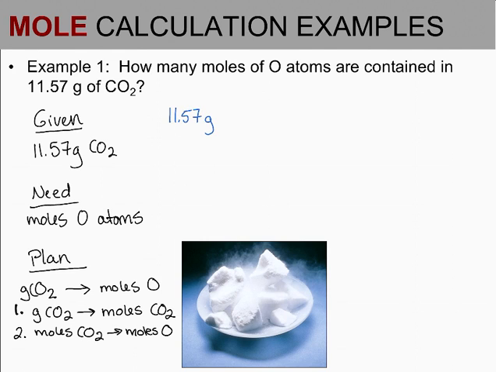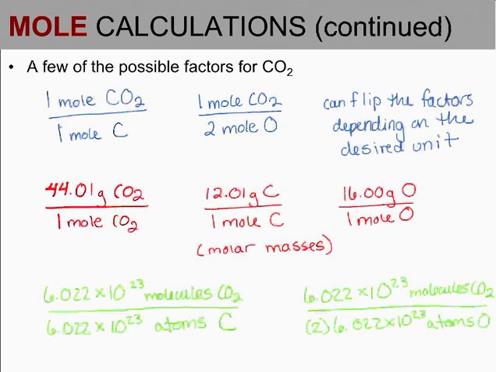So again, we're always going to start with what we're given. And then our first conversion factor, we want to eliminate grams of CO2. So going back, we said that we have 44.01 grams of CO2 for every 1 mole of CO2.